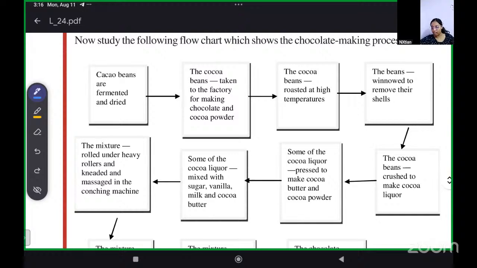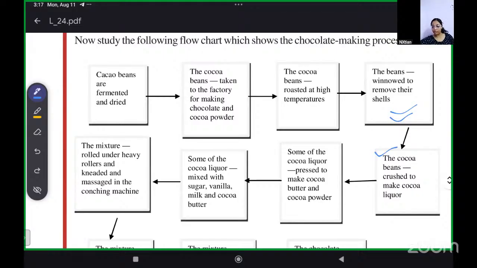Okay, this is the fourth. The beans are winnowed to remove their shells. After that, the cocoa beans are crushed to make cocoa liquor. Some of the cocoa liquor is pressed to make cocoa butter and cocoa powder.